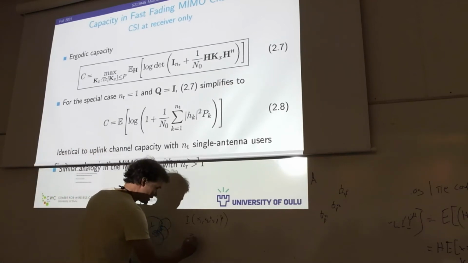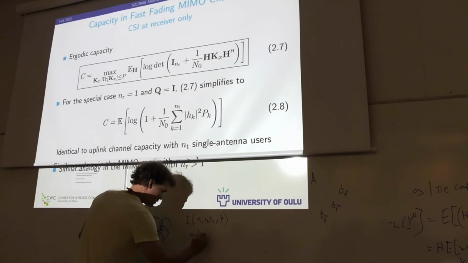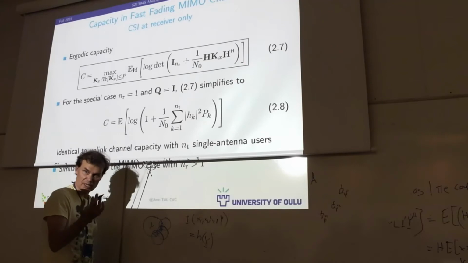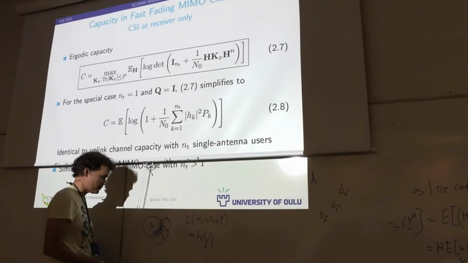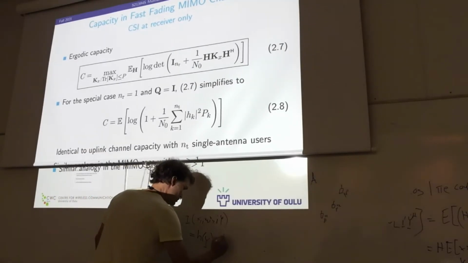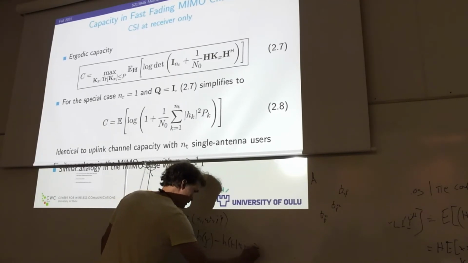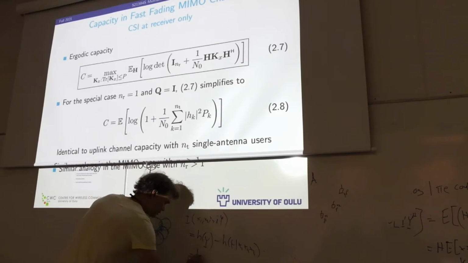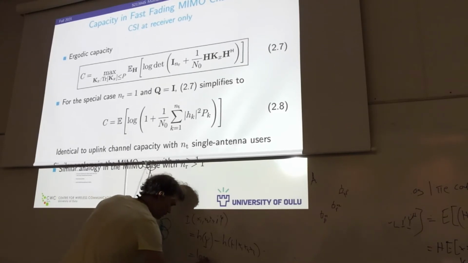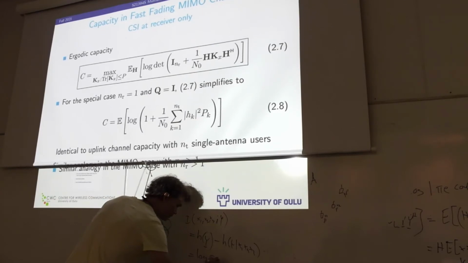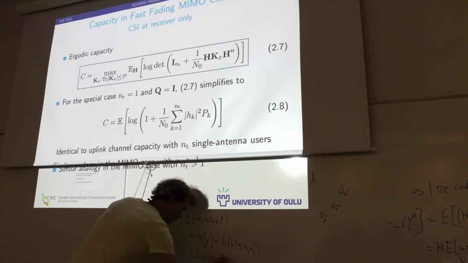So you can compute this as h of y, which is now a scalar, so the covariance becomes a variance, minus h of y given x1, x2, x3, which is just the noise, i.e. N0.